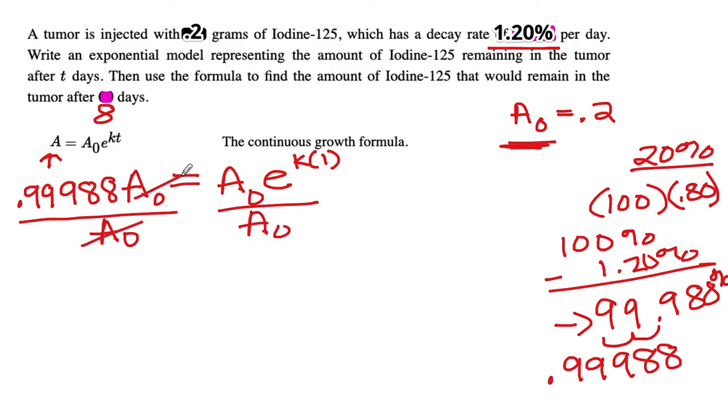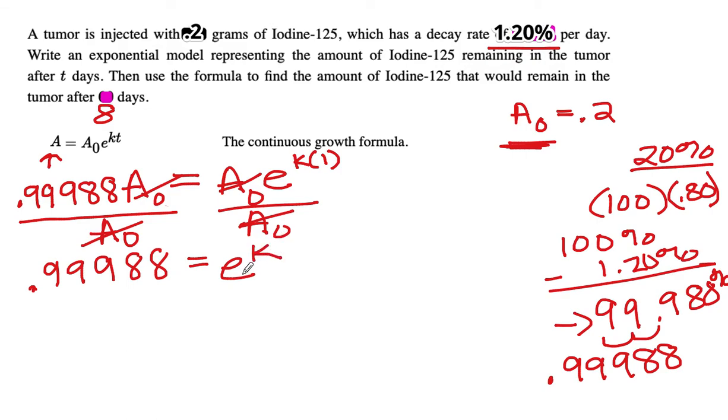They cancel out. How nice is that? So A naught divided by A naught is just 1, and 1 times 0.988. And then we just have e to the power of k.